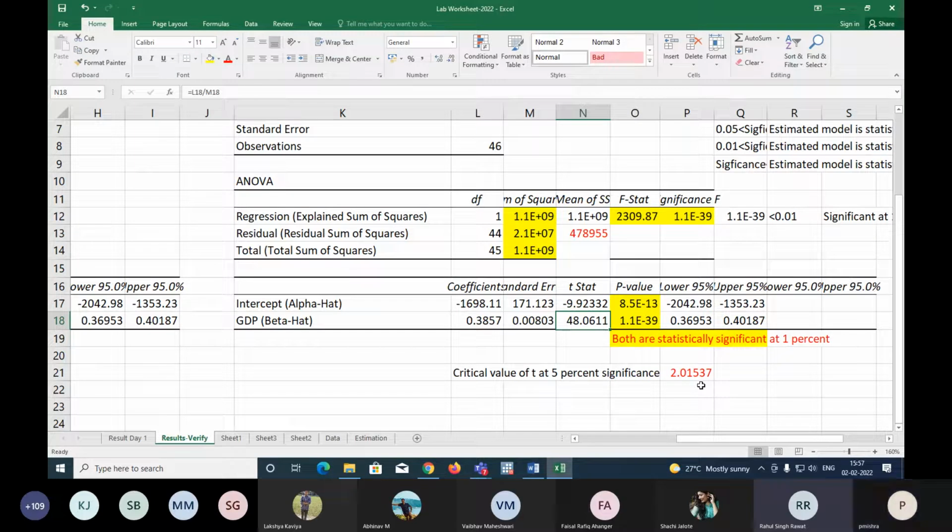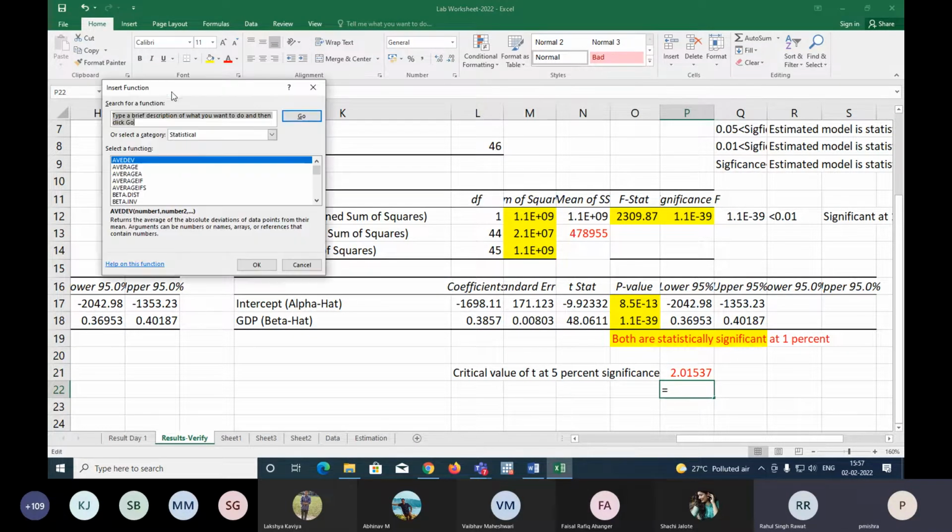significance level. If I just go for 1% significance level, then what will happen? Basically, you go for fx, then T inverse.